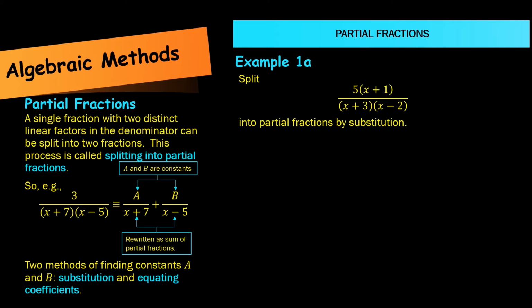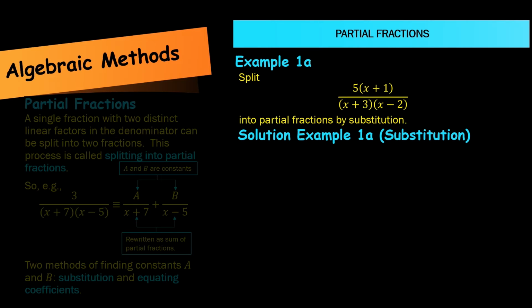So let's solve example 1a first. We are required to split the expression shown on your screen into partial fractions by substitution. So let's solve this. We let the expression equal a over x plus 3 plus b over x minus 2.